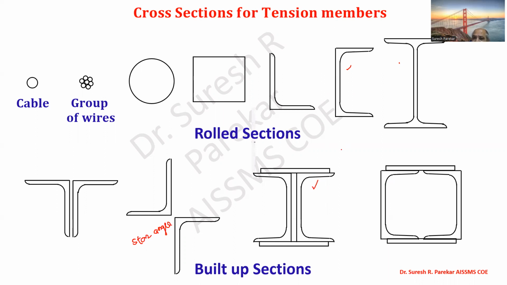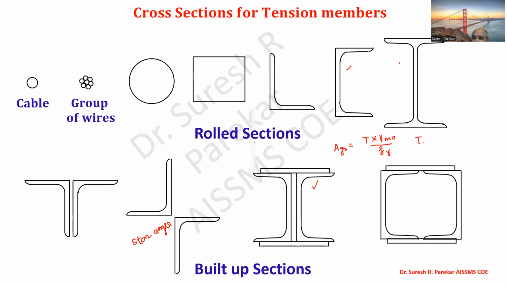Now the main thing we have to keep in mind while we design this is that we are going to use Ag required. You may already have gone through the oral questions which I have in the playlist, and there you can see all this. So we have Ag required equal to T into gamma m0 upon Fy. I already mentioned over there.